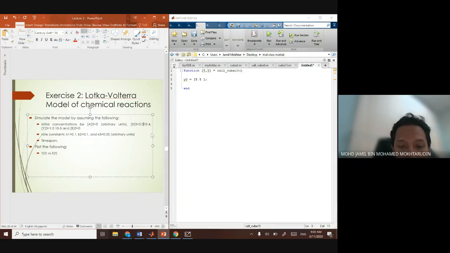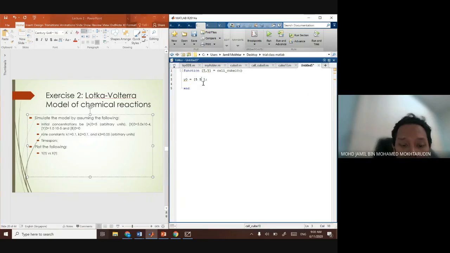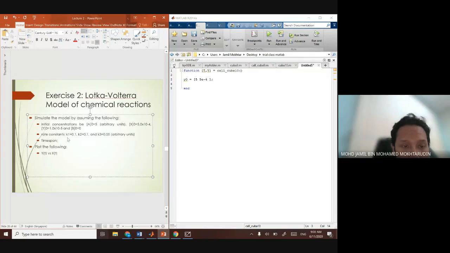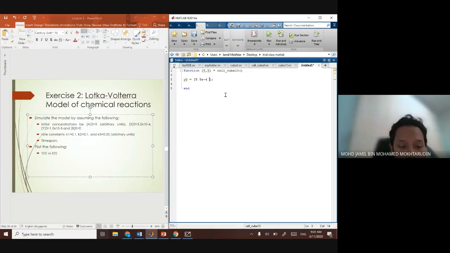So 5E-4, 5 times 10 to the power of negative 4. Okay, for Y naught is 1 times 10 to the power of negative 5. And for B, it's 0, so 0.